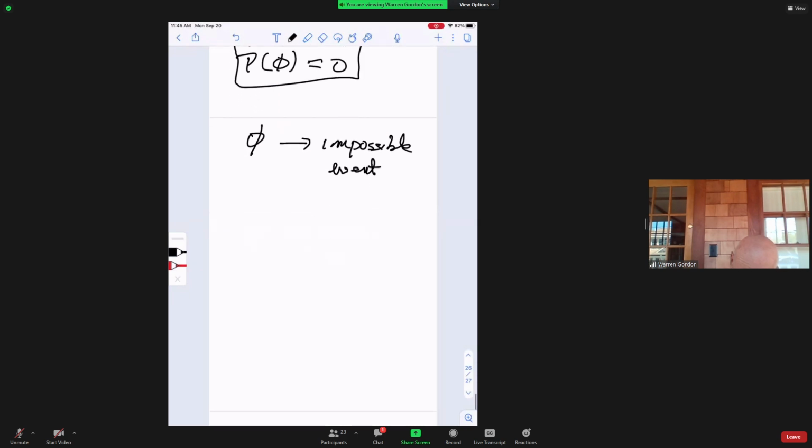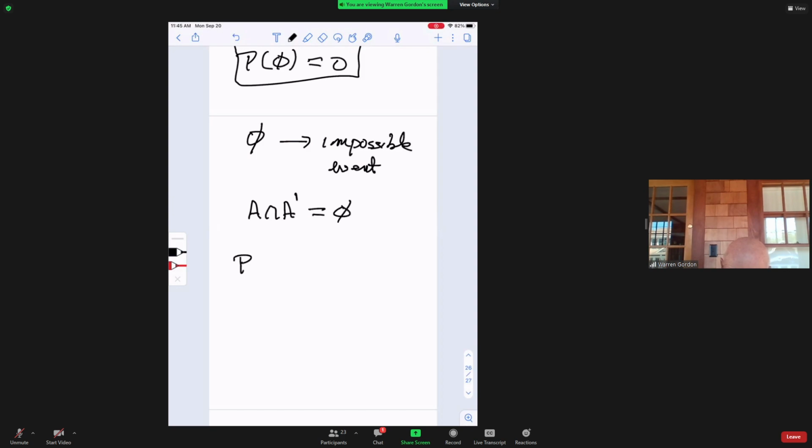Here's another observation. We know that A intersection A complement is the empty set. And we also know from the above axiom that A union A complement is everything, the universal set, the sample space. And we know this is equal to 1.